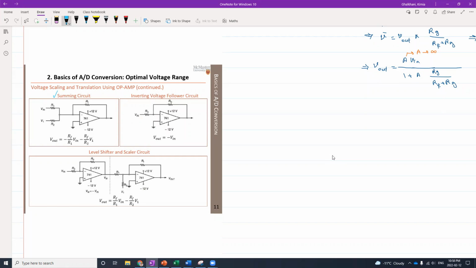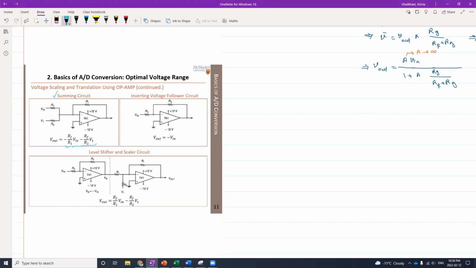Because of this configuration, the output voltage is like an adder circuit, which is out of phase by 180 degrees with respect to the input. That's why we have it like this.